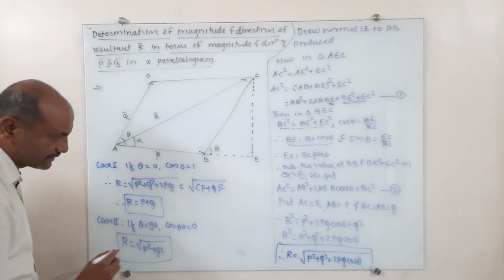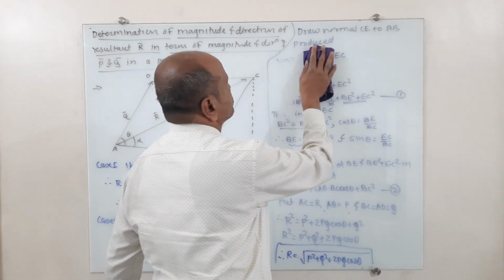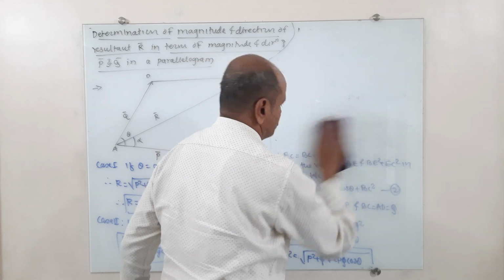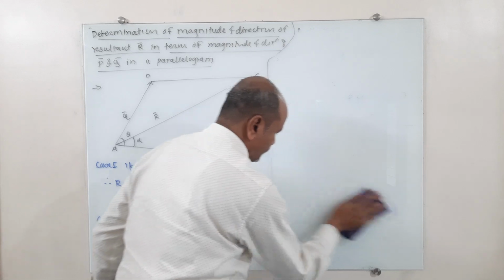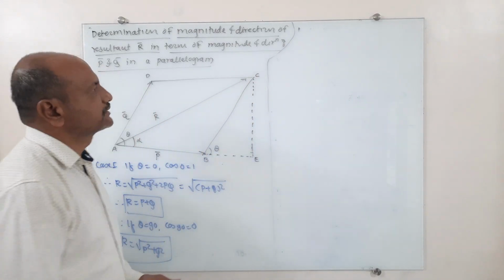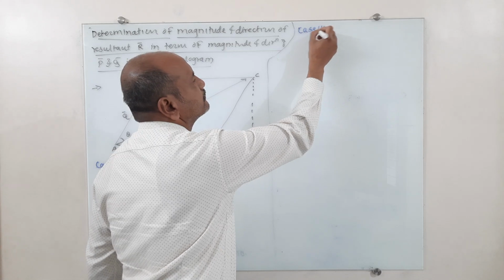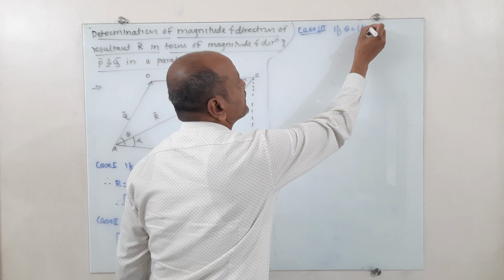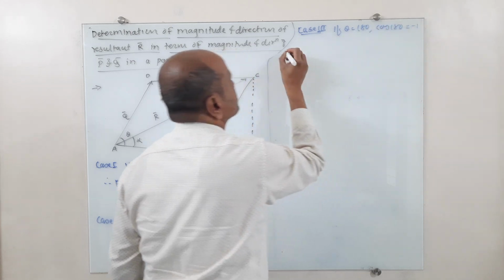And third case, case number 3. If theta is equal to 180 degree, cos 180 is equal to minus 1.